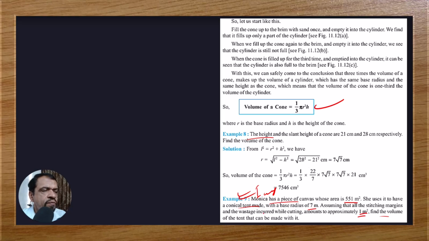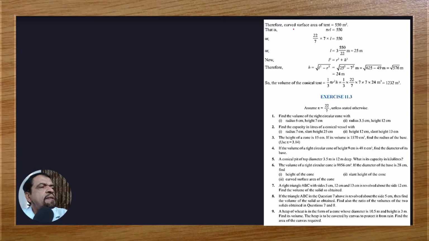Find the volume of tent made of it. See here in the solution, curved surface area of the tent. The tent is in the form of a right circular cone. So it is pi r L. Pi r L is equal to area of the cloth, that canvas is 550. So with the help of this calculation, L is calculated 25 meter.